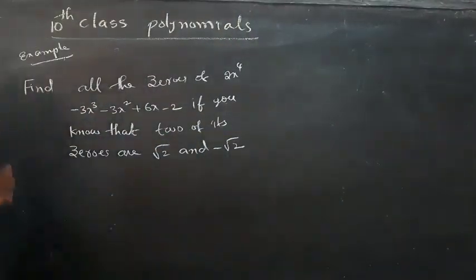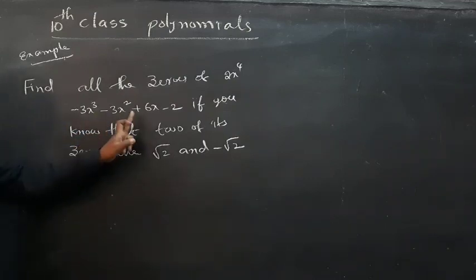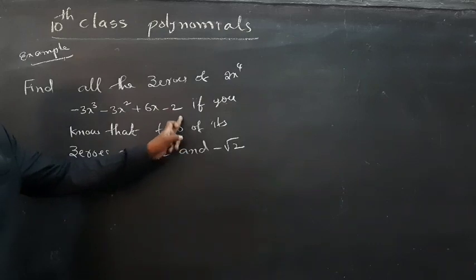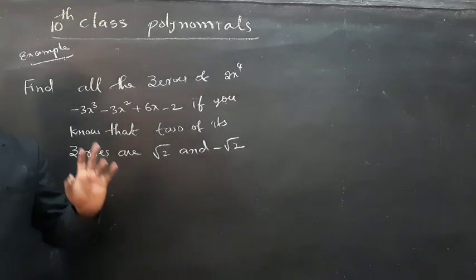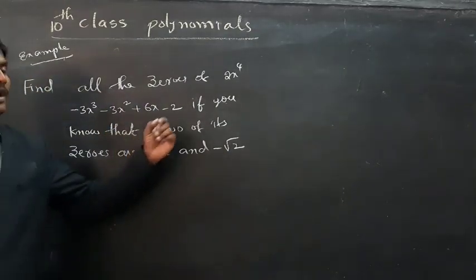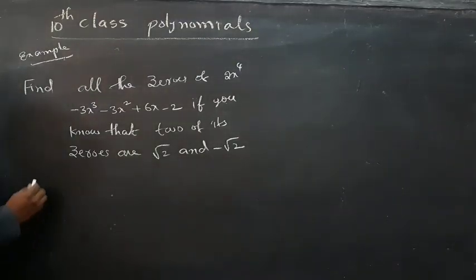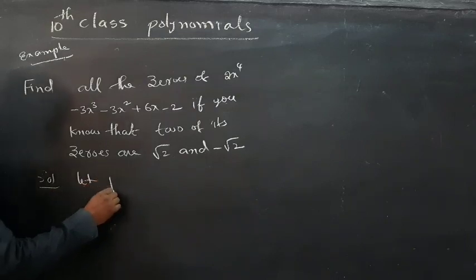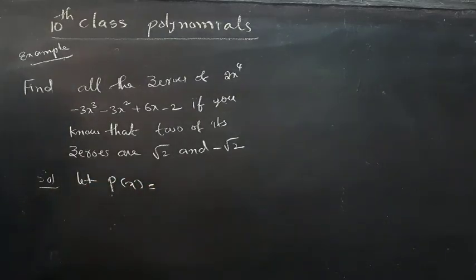Find all the zeros of 2x power 4 minus 3x power 3 minus 3x square plus 6x minus 2, if you know that two zeros are given. The two zeros are root 2 and minus root 2. Then you have to find the remaining zeros. In solution, let the given polynomial be p of x.